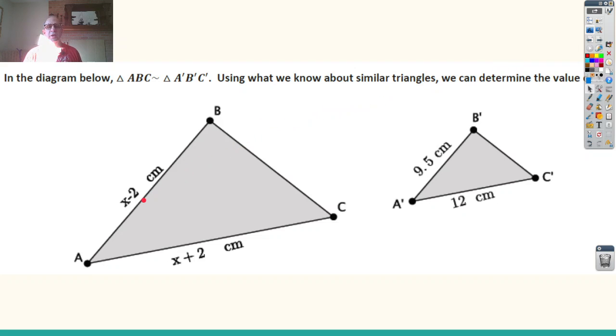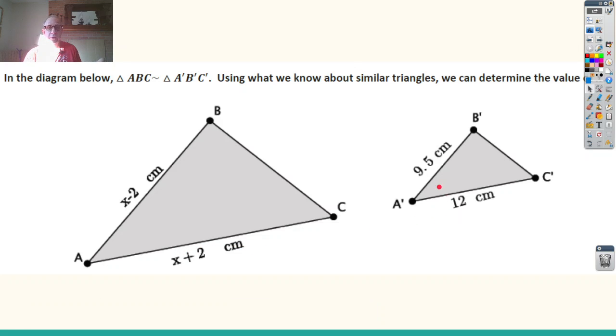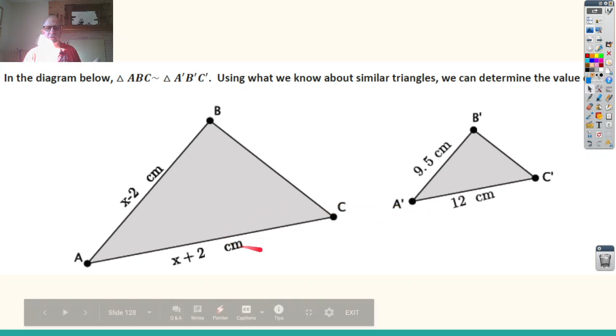So if these are similar, that means you can make a proportion. So (x minus 2) divided by 9.5 is equal to (x plus 2) divided by 12. Or the other way, you can say 9.5 divided by (x minus 2) is equal to 12 over (x plus 2).